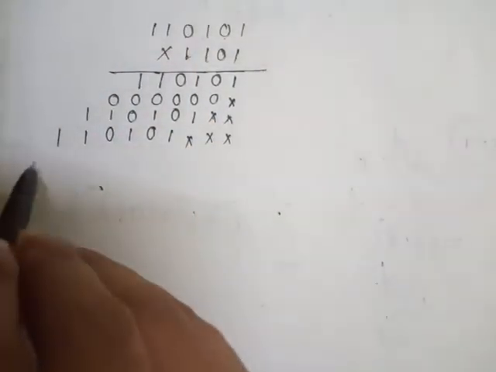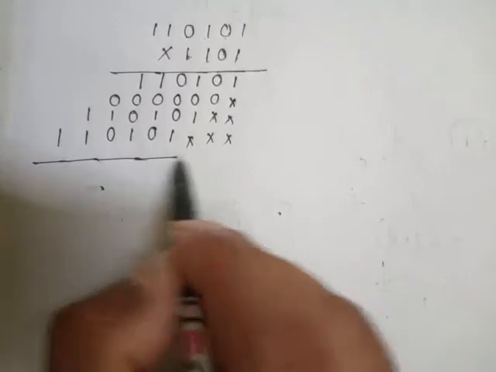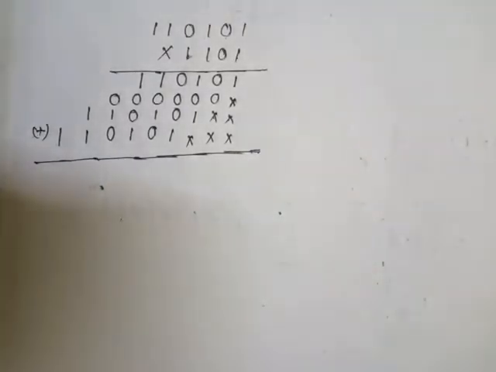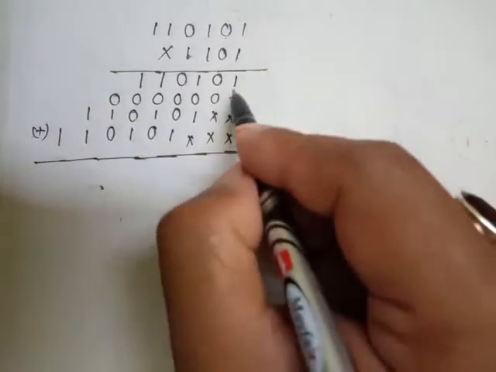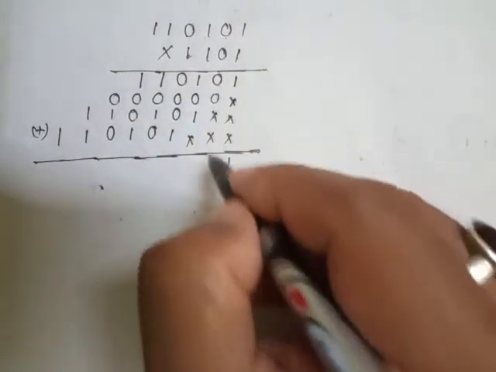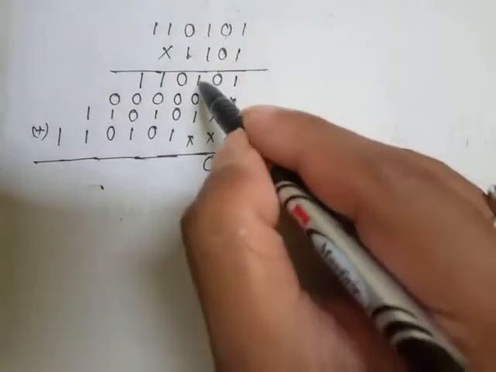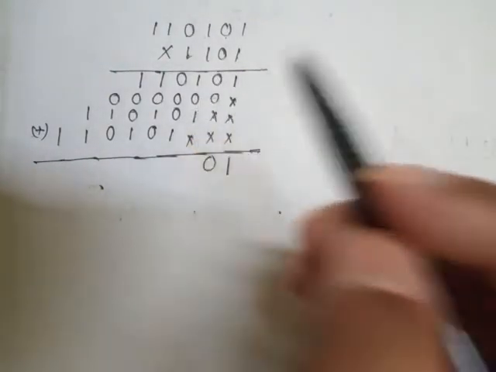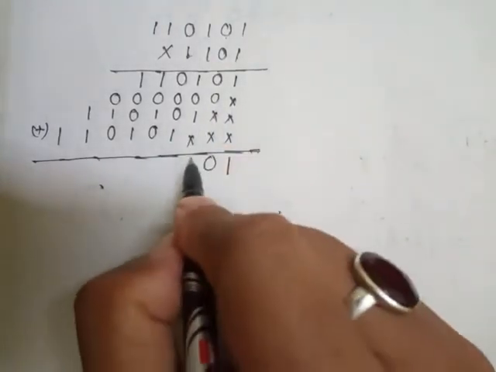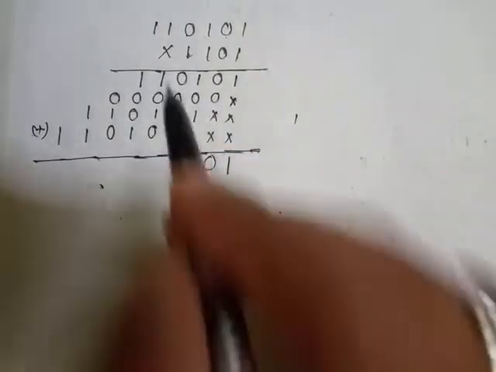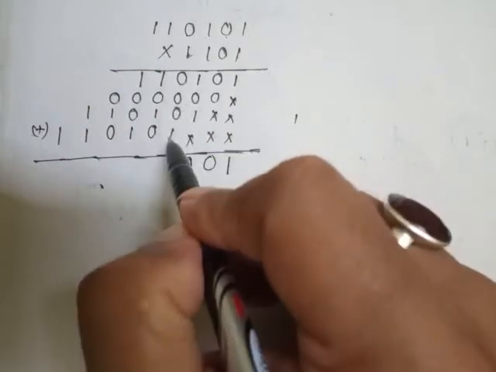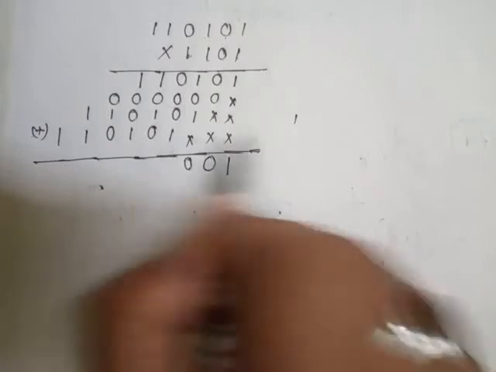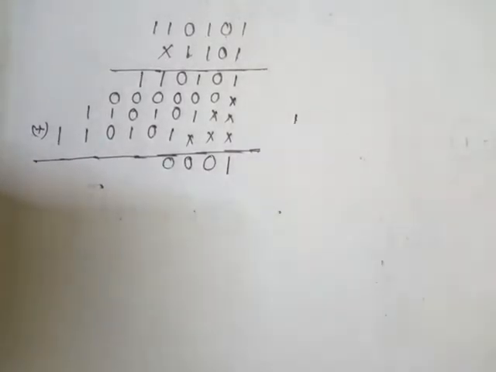Now look, just after that I am going to add the numbers here. After adding, 1 will be here, there is 0, 0. Now 1 plus 1 is 2, but it is in decimal, so in binary 1 plus 1 is 10. So we'll put 0 here, carry 1. Here also 0 plus 1 means 1, and 1 plus 1 is 10, so 0, carry 1 again.